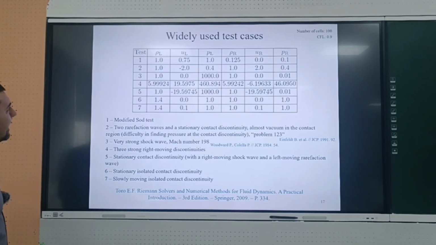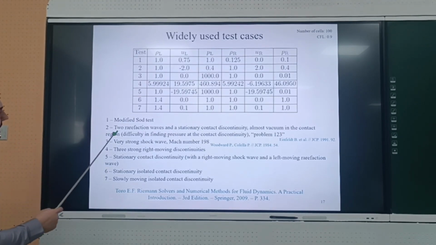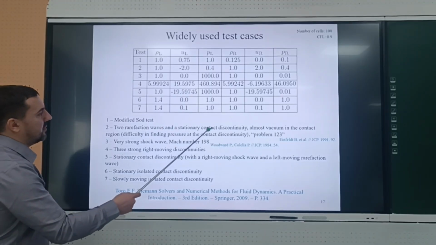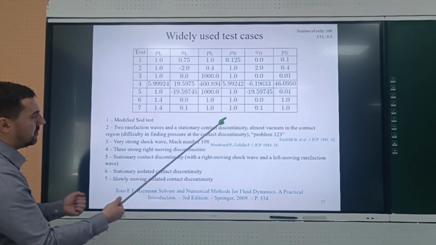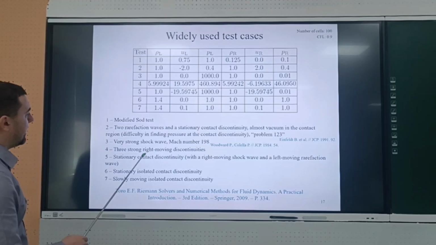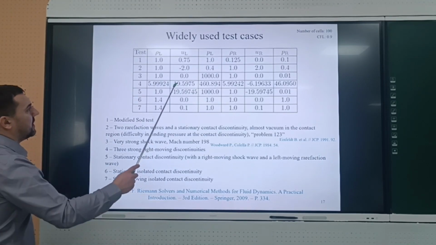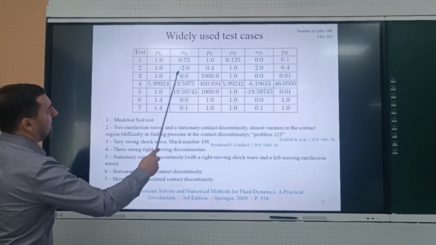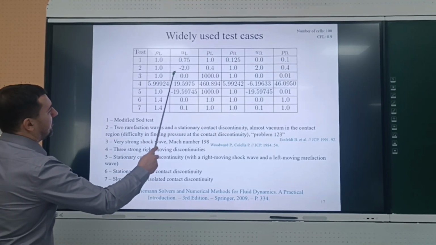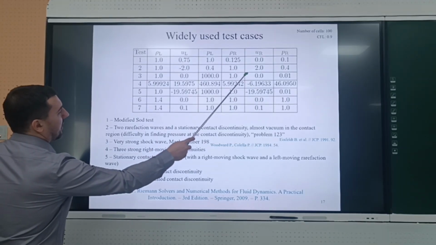The second test is two rarefaction waves and a stationary contact discontinuity. So it's two rarefactions, almost a vacuum in the contact region, with difficulty in finding the pressure at the contact discontinuity. Here you have the velocity UL equal to minus 2 and UR equal to 2.